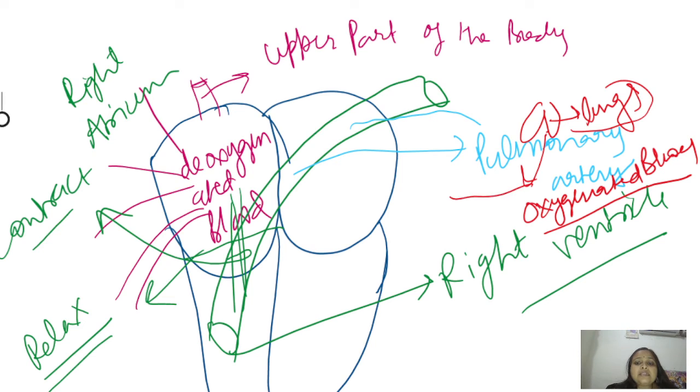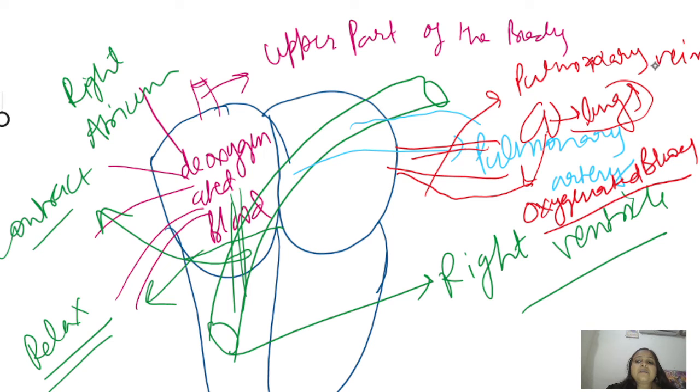From the lungs, the blood comes by the pulmonary vein into the left atrium, and when the left atrium takes the blood, it is in the relaxed position.